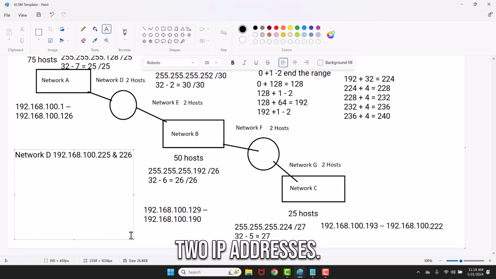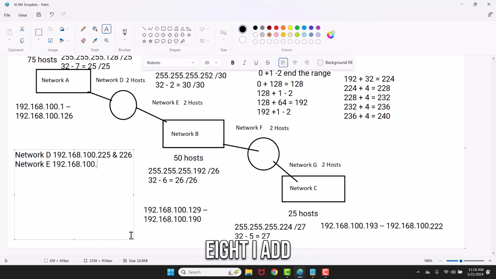There's only those 2 IP addresses. For network E, it will be a very similar thing. I start at 192.168.100. The network ID is 228. I add 1 to get 229. And when I subtract 2 from 232, I end with 230.